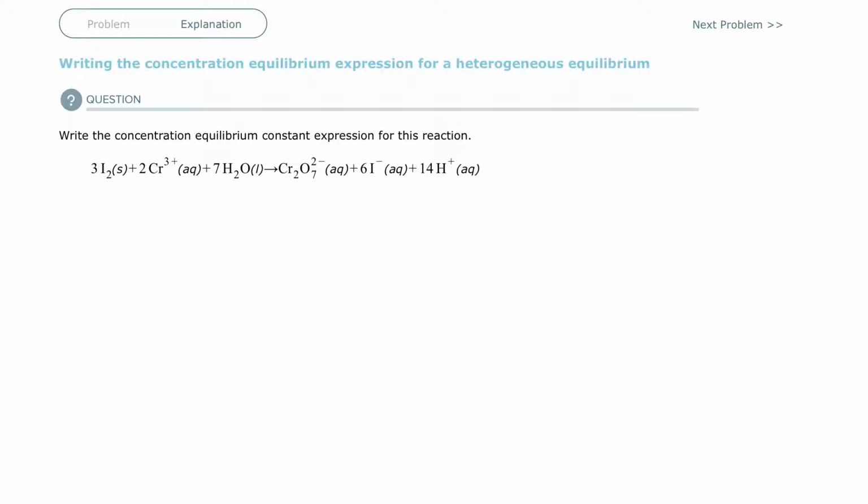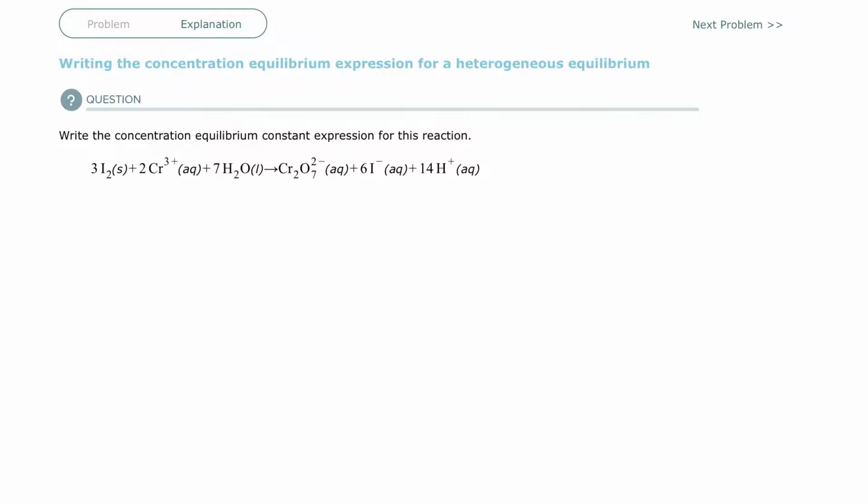Heterogeneous means you've got different states. You've got solids and liquids and gases mixed up, and the concentration expression is only dealing with gases. So anytime you have solids or liquids, totally ignore them, act like they're not there.